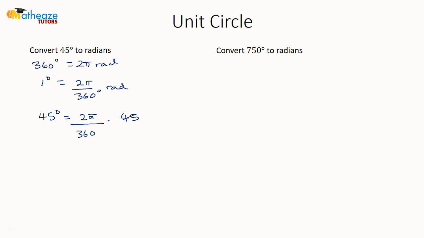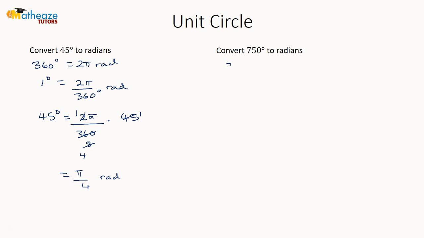So we divide this over here. This is going to give us 1, this is going to give us 8, divide this through 1, 4. So this is going to be pi over 4 radians.